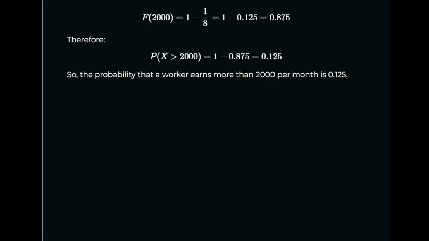But the answer we're looking for is the probability that it exceeds 2000, which is 12.5%, 0.125. The probability that a worker earns more than 2000 is 0.125.